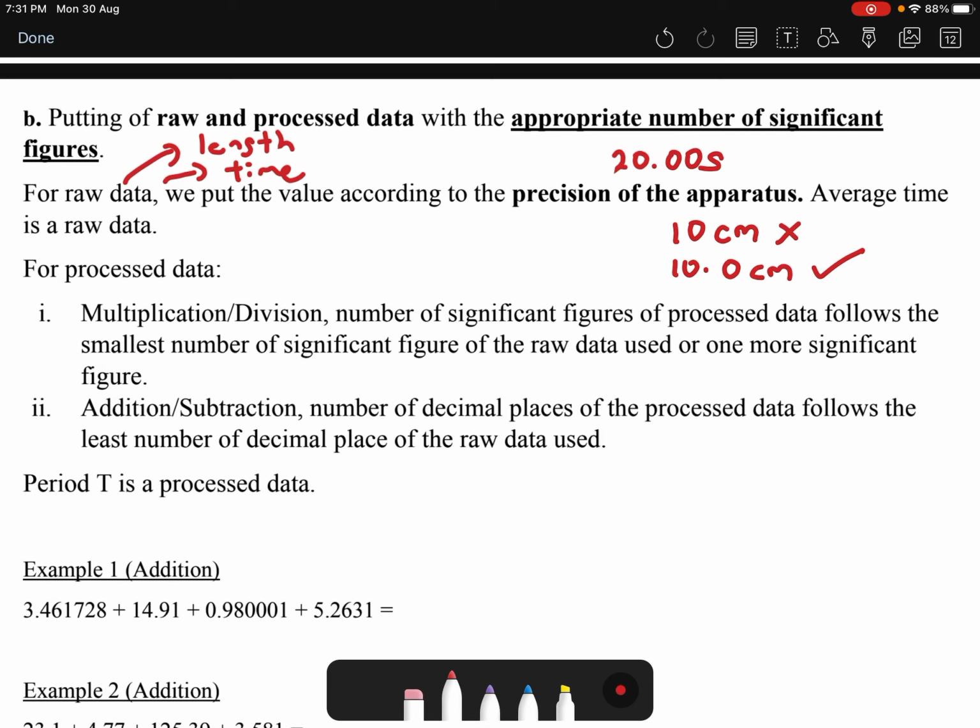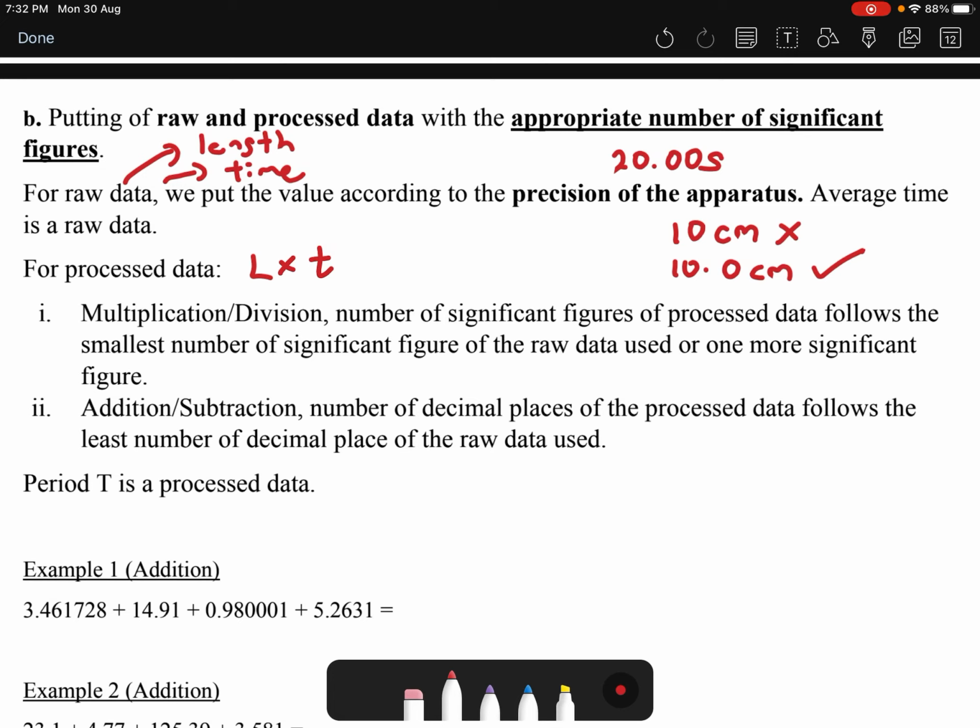Okay, next will be processed data. So what is processed data? Processed data can be something like, let's just say I use length, then you multiply by your so-called timing. So this itself is a processed data, because this processed data involves two raw data multiplying together or adding together.